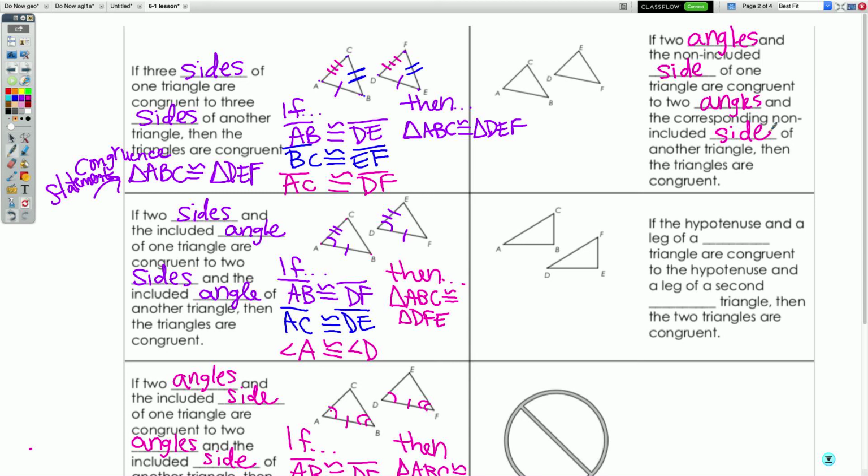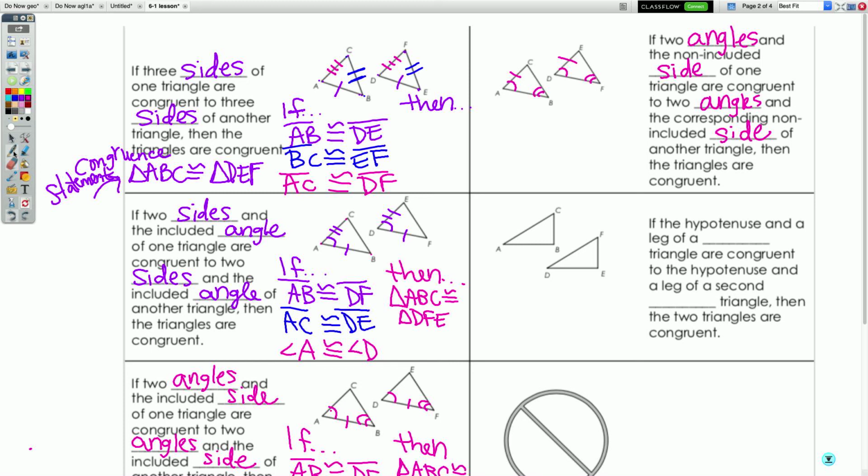We're going to do angle A. We're going to do angle B. And instead of doing that included side in between, we're going to pick one that's on the outside. So I'm going to pick A, C, and D either. So make sure you're seeing the difference here. It is no longer in between the two angles, okay? That dash has moved to the outside, so that's why it's non-included.